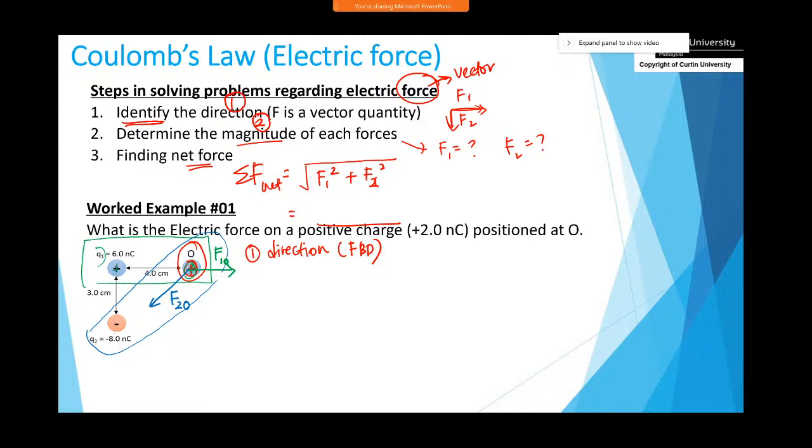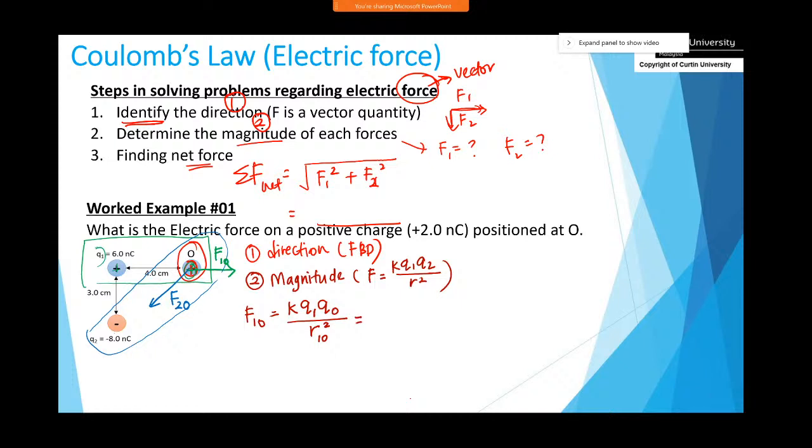Secondly, once you have determined the direction, now let's determine the magnitude. The formula for electric force is kQ1Q2 over r squared. So find the force between 1 and O. Rewrite your equation: k Q1 QO divided by the distance between 1 and O squared.